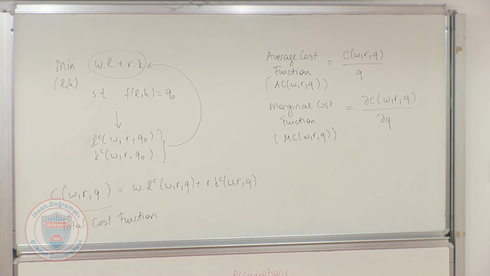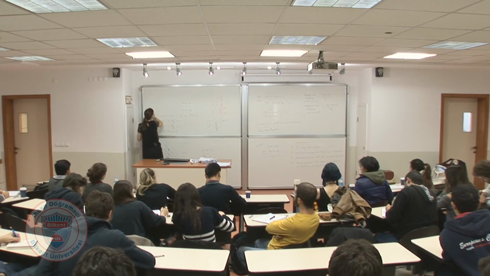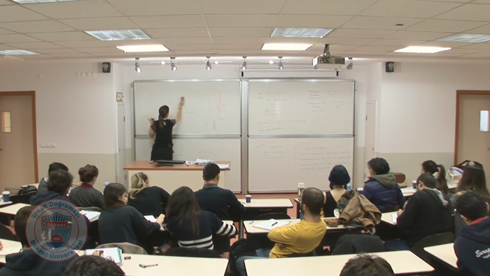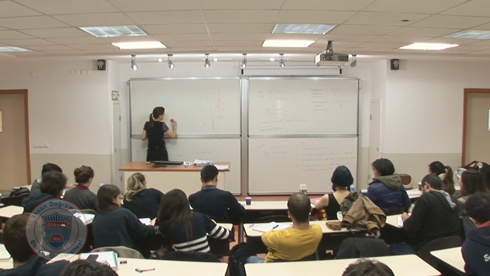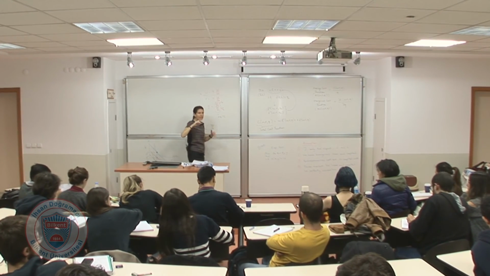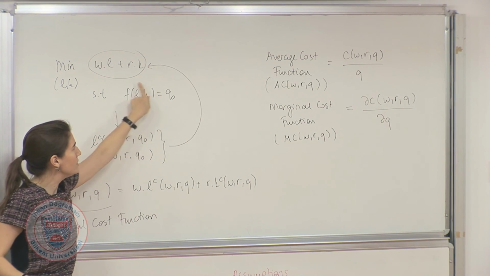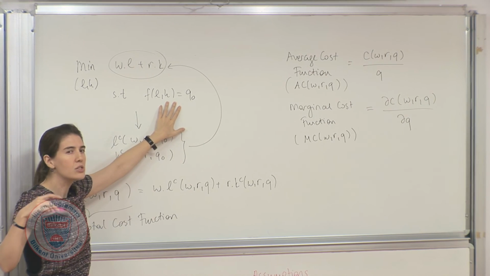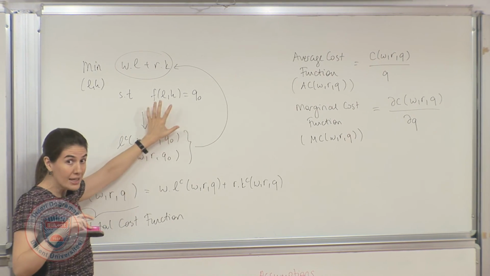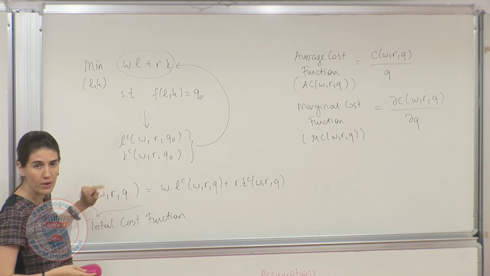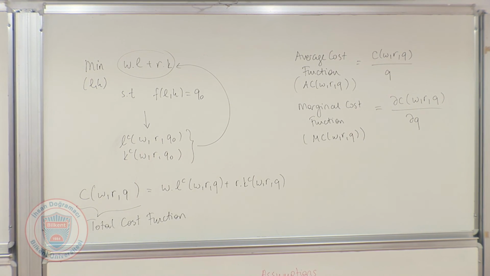Now I'll ask you a question. Let me draw you some total cost functions. You see the link here: the production function appears in this cost minimization problem, so of course it's going to affect the cost function.